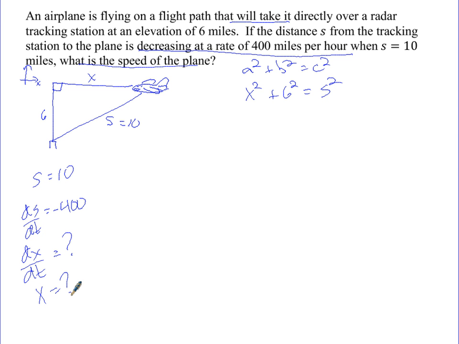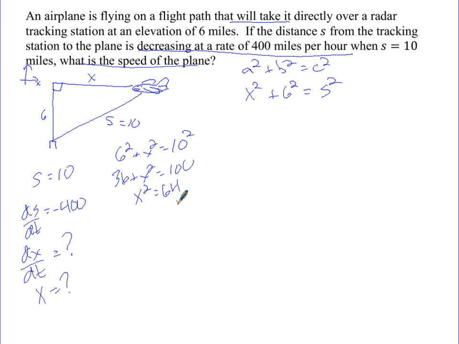To do that, we're going to use the Pythagorean theorem, not this. We're going to use the actual Pythagorean theorem to solve for x. So, off to the side, I have 6 squared plus x squared equals, now I am going to use that 10 for this instant in time squared. So that makes this 36 plus x squared equals 100. Subtract 36 from both sides. x squared equals 64.